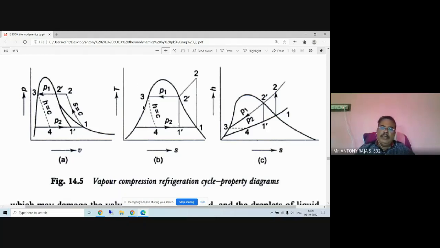So when a point lies just to the left of the saturated liquid line, that is called the subcooled region or undercooled region. So these are the important points. What exactly is subcooled or undercooled?